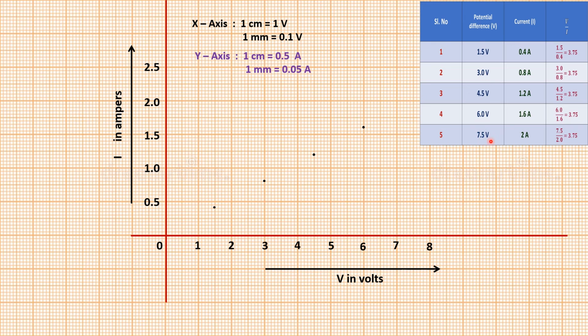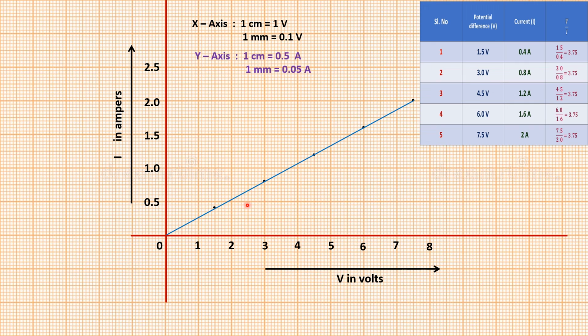For 7.5 volts, current is 2 amperes. Directly here, it is 2 amperes. That's all. Now, let us connect all these points. We get a straight line.